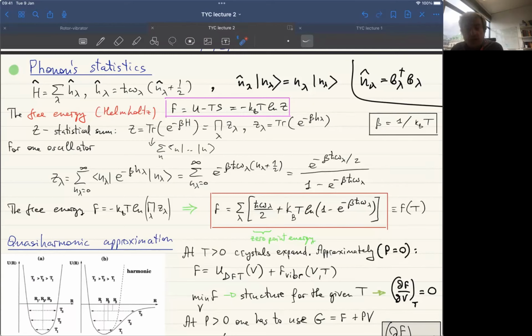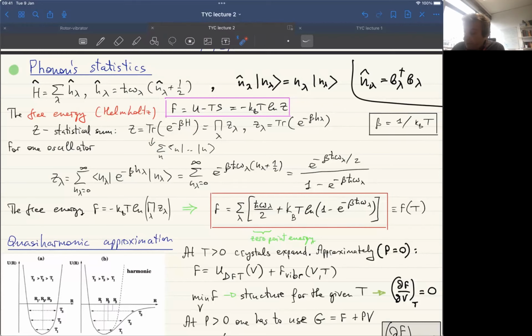What we're going to do now is to calculate the Helmholtz free energy of our system of harmonic oscillators. The Helmholtz free energy, which is U minus Ts, where T is temperature, S entropy, U internal energy, can be related to the partition sum Z using this formula. And what is the partition sum or statistical sum? It is a trace of that exponential operator, where beta is the inverse temperature and H is the full Hamiltonian of our system.